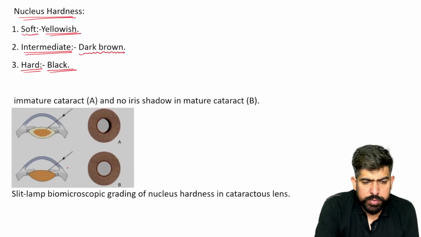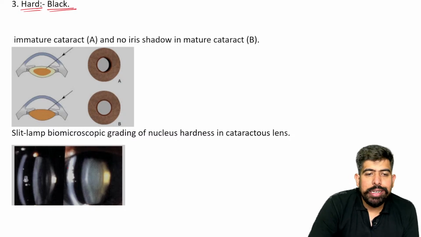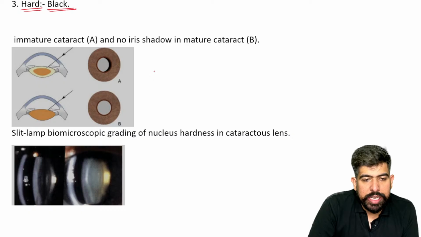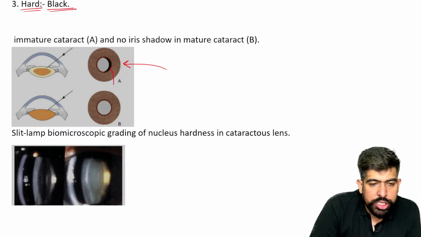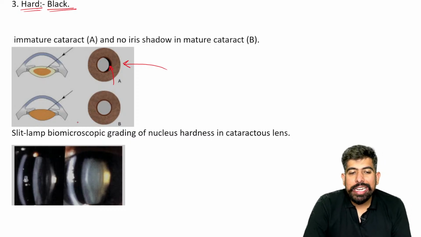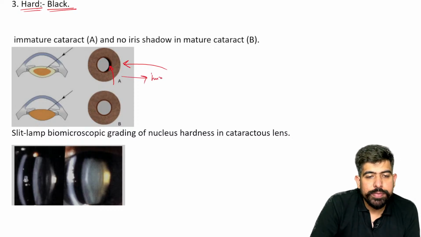So now you can see there is an iris shadow in the immature cataract, and on the mature cataract, if I'm talking about it. As we turn on the light, you can see this shadow. This shadow is known as the iris shadow. If this iris shadow is present, this is an immature cataract.